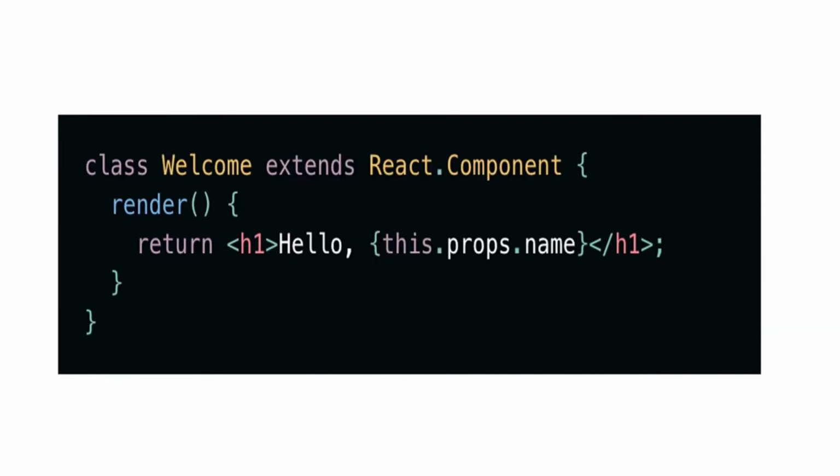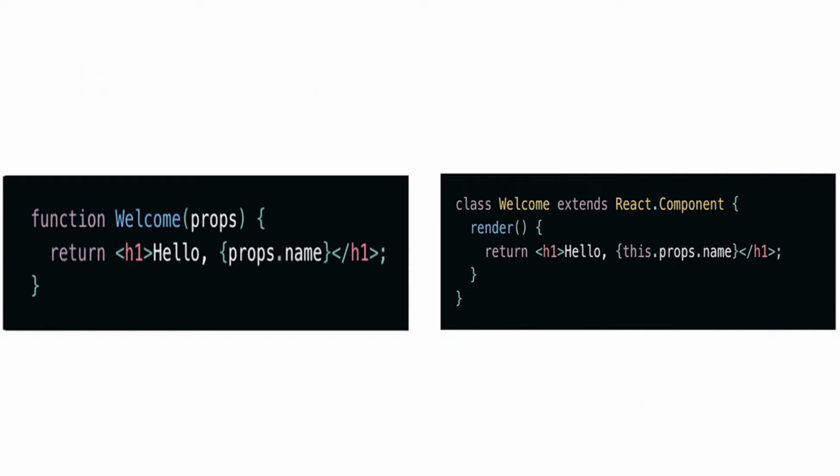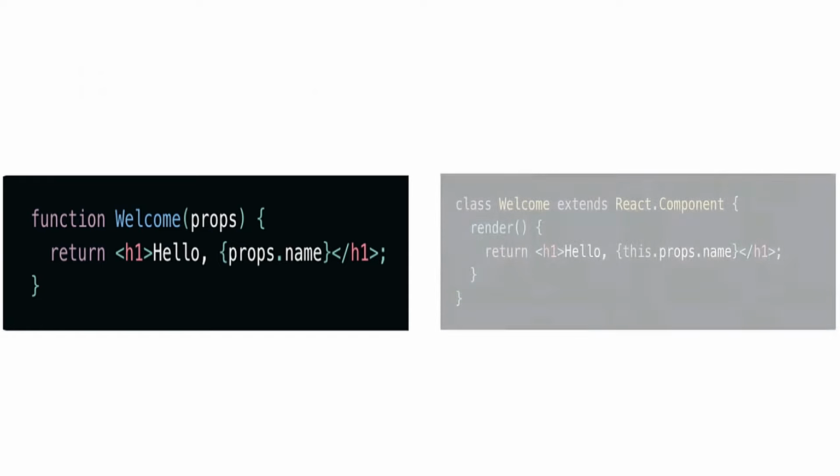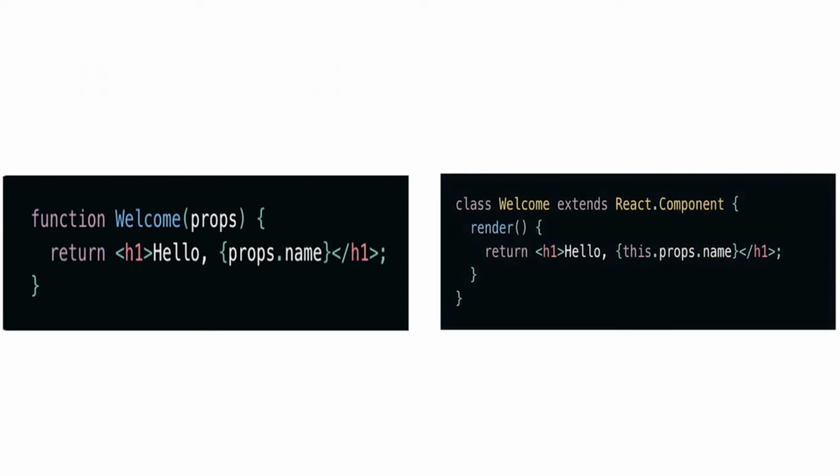From React's point of view, the above two components are equivalent, but only that a class component is usually a regular ES6 class that extends the Component class from the React library, and it must have a render method that returns the JSX, which in turn describes the UI.